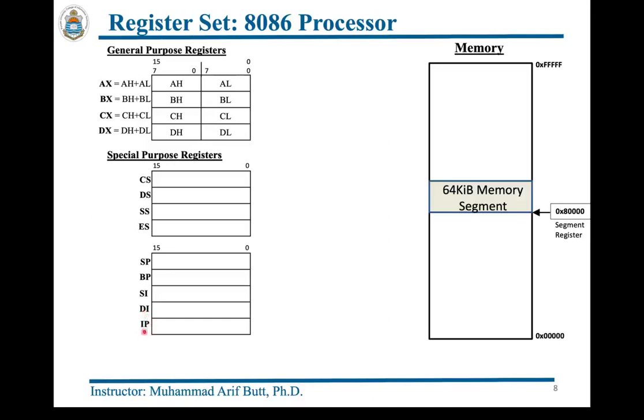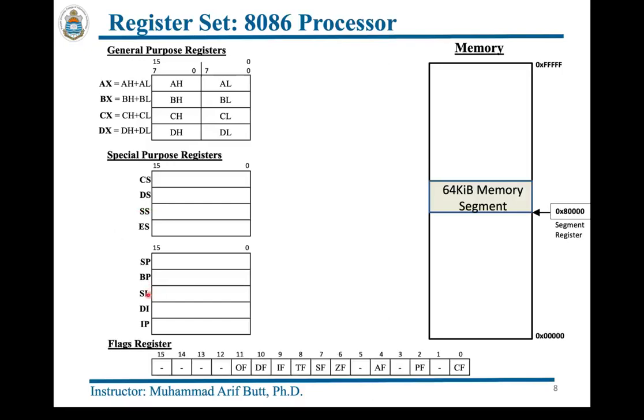Finally, this famous IP, instruction pointer register, is used as an offset relative to the code segment. It always contains the 16-bit offset of the next instruction to be executed inside the code segment. In the upcoming slide, of course, I will show you the exact relation between these segment registers and their corresponding offsets.